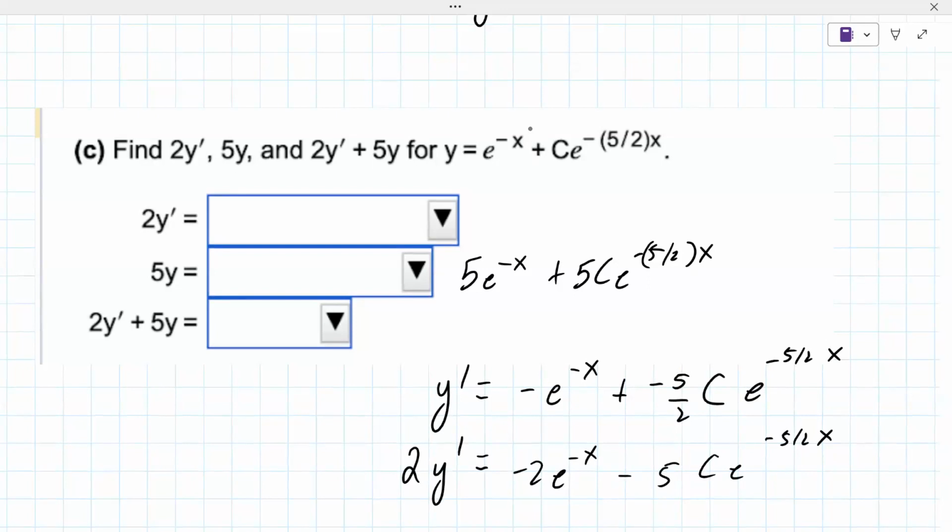Hopefully that's there. Yes, it is. And then when you add them together, 5e to the minus x plus minus 2e to the minus x gives you the 3e to the minus x, which is what we want. Then you got the 5c minus 5c, they go away. So I was wrong. They do all work.